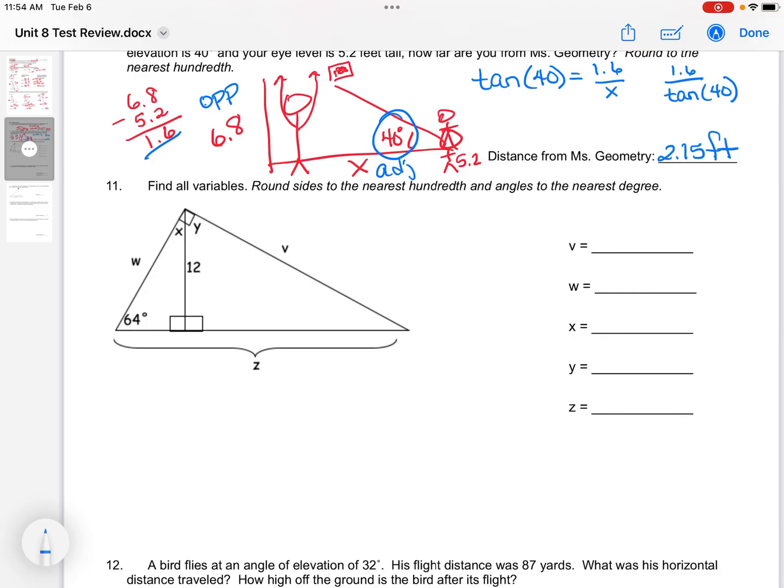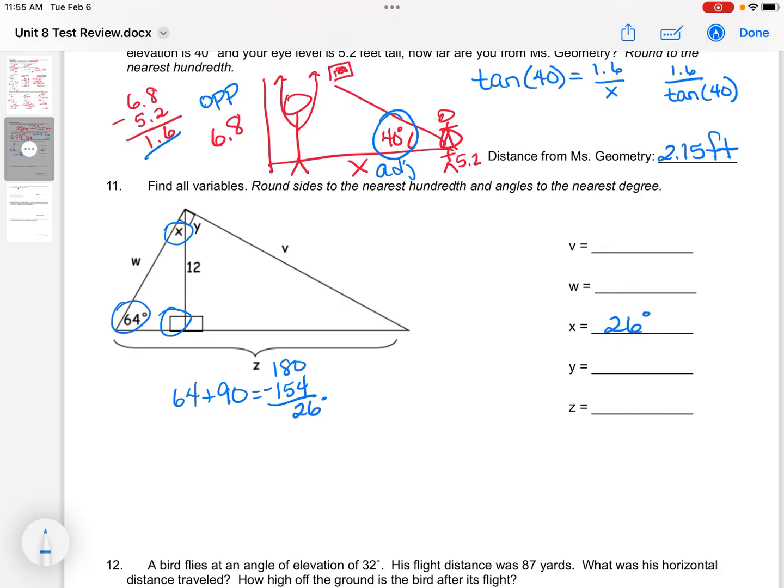So the first thing I did for x was I did 64 plus 90 equals 154. I subtracted that from 180 and I got 26. So x is 26 degrees.